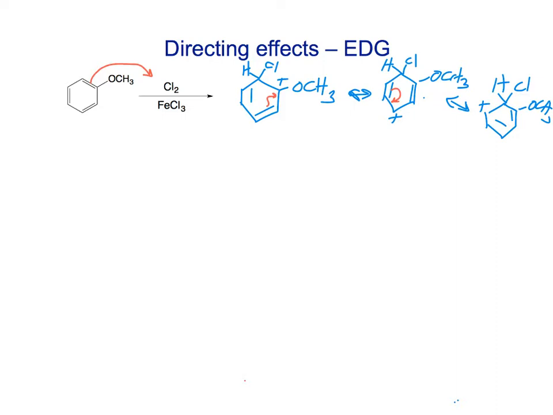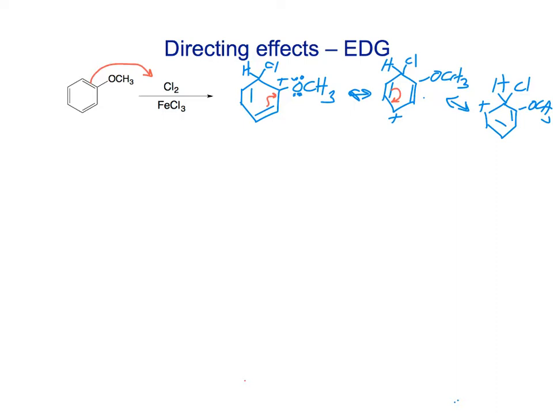Yeah. So the suggestion was that we know that this oxygen has non-bonding electrons on it. Okay? And we know that this oxygen can have two different effects, right? We know that it's electron withdrawing by induction, right?